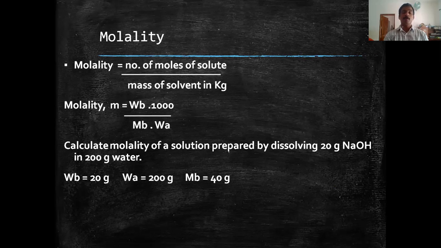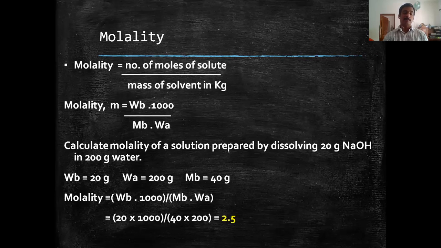MB is equal to 40. Now, the equation molality is equal to WB into 1000 divided by MB into WA. Substitute correctly. WB 20 into 1000 divided by MB 40 into WA 200. That is equal to 2.5. A simple calculation, very easy.